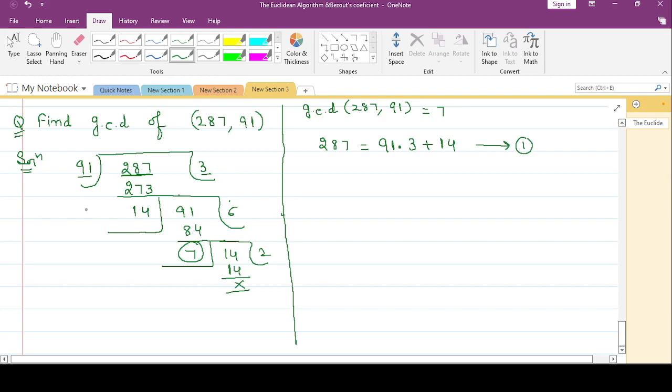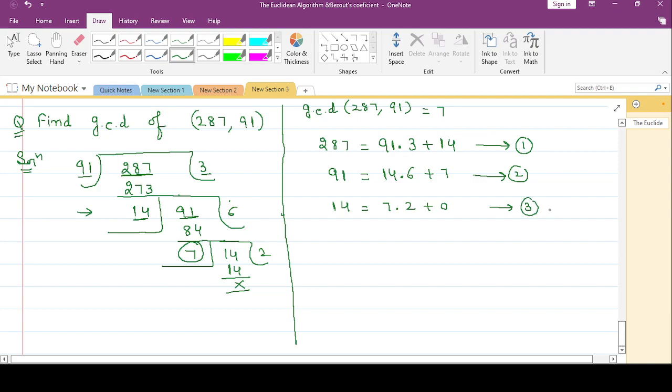Now for the next step, again write it in the same manner. So 91, which is the dividend, is equal to divisor 14 into quotient 6 plus remainder 7. Now the last one is 14, it is equal to 7 into 2. Here the remainder is 0. So write it as equation number 3.